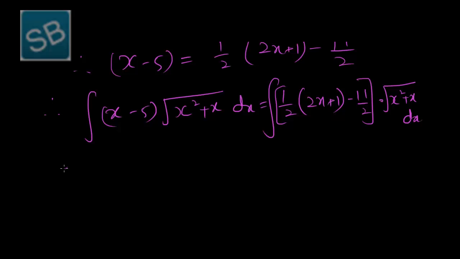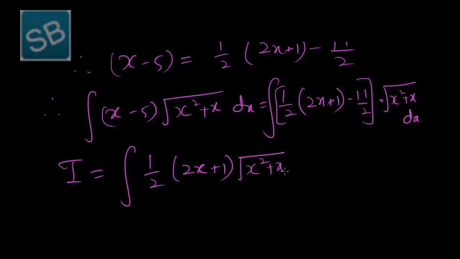That is, we say I is equal to the integral of half (2x plus 1) under root x square plus x, minus 11 by 2 times the integral of under root x square plus x dx.